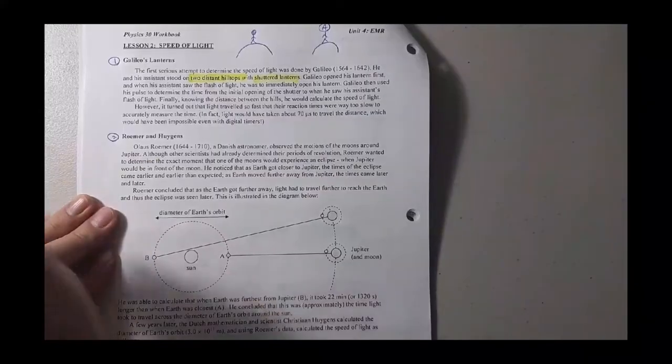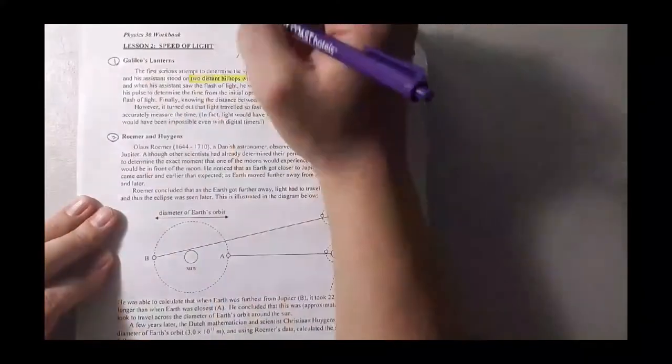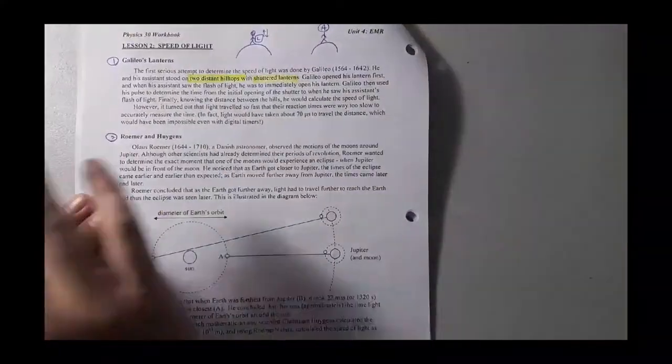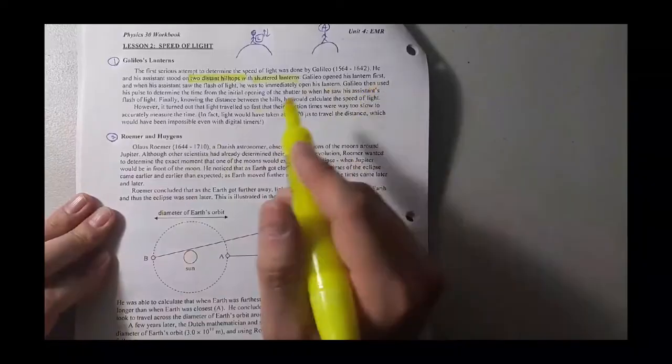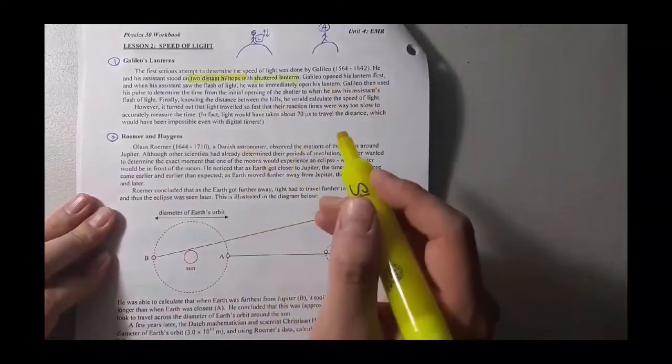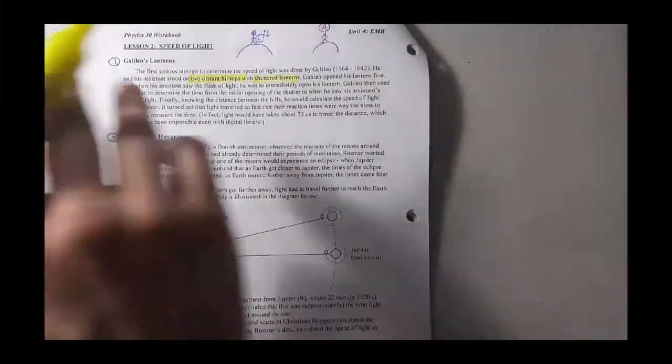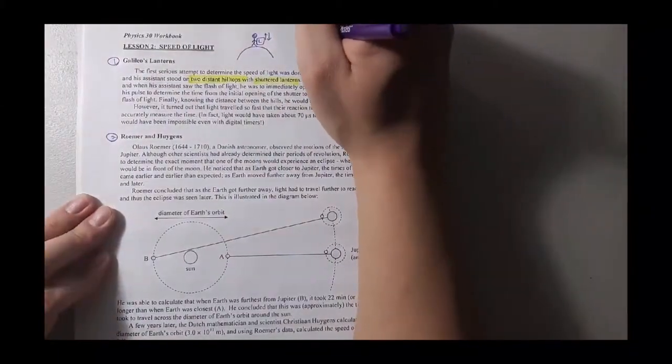Galileo opened his lantern first. He had a lantern with a door that opens and closes. He opened the lantern and his assistant saw the flash of light. The assistant immediately opened his own lantern as soon as the light came.